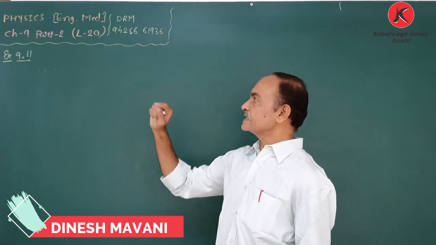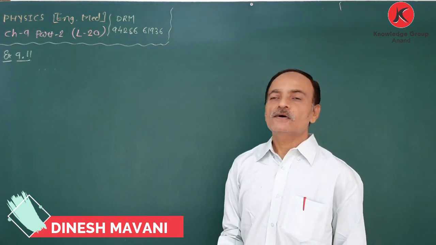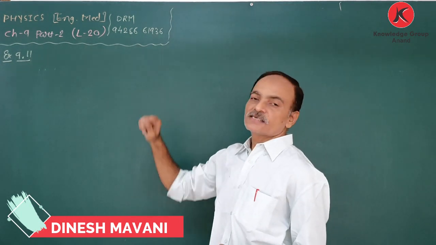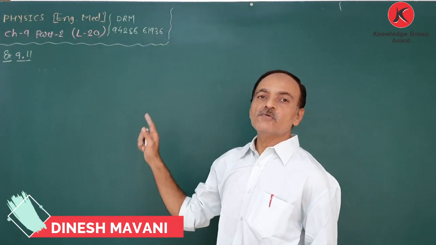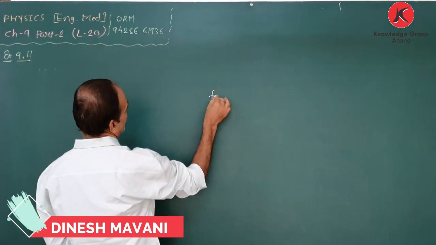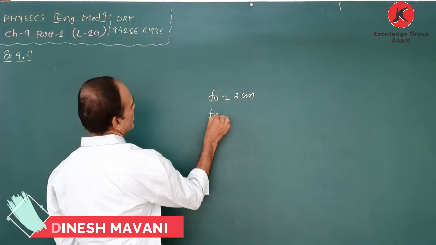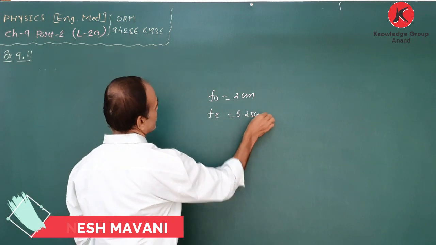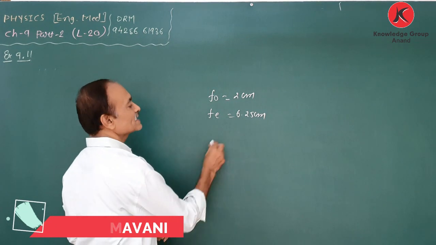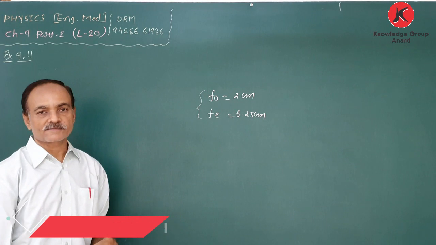Here the question is given this way: a compound microscope consists of a convex lens, the objective, with focal length 2 centimeter, and an eyepiece with focal length 6.25 centimeter, separated by the distance 15 centimeter. So the distance between these two lenses is 15 centimeter.